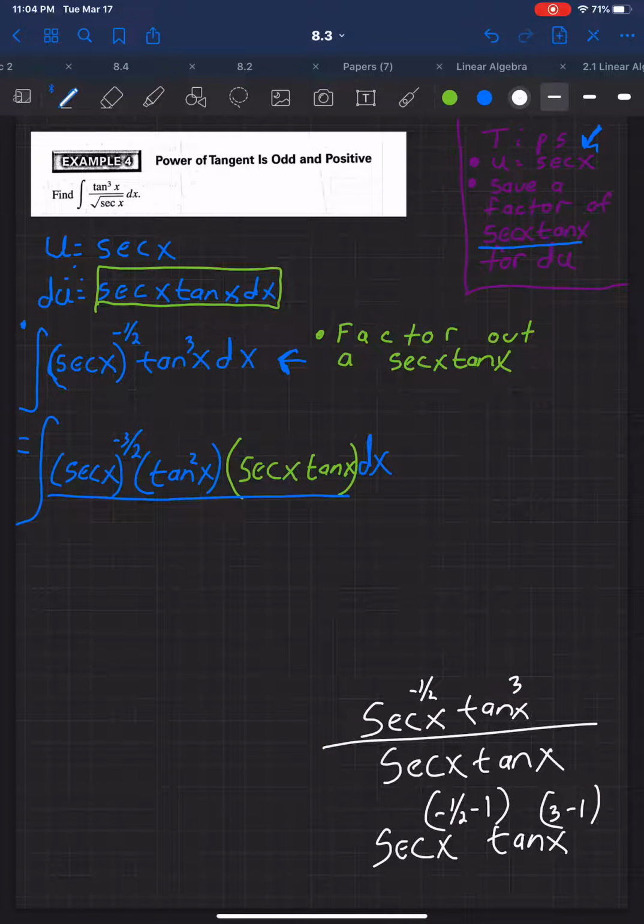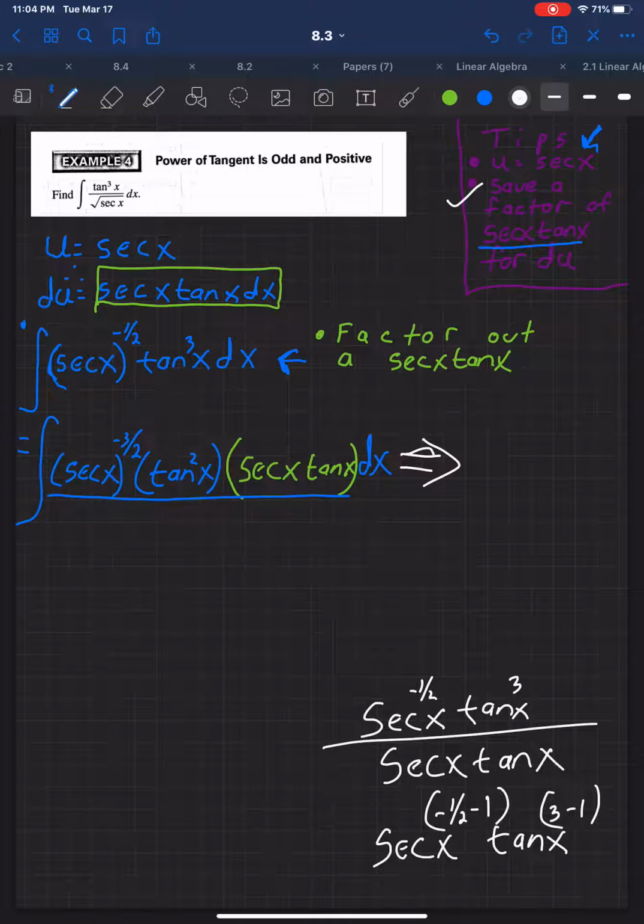And now let me jump back up to where I was. At this stage, you have secured a factor, like this step right here: save a factor of secant x tangent of x for du. So you've done your job.